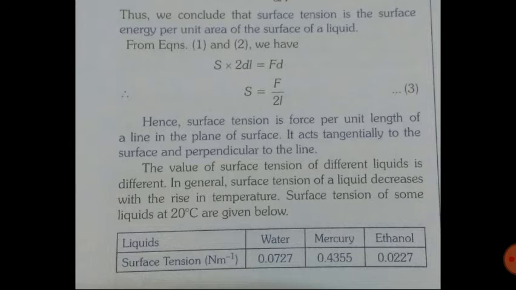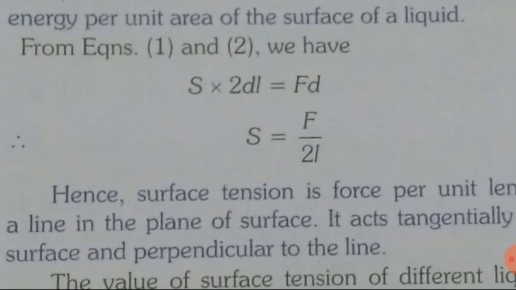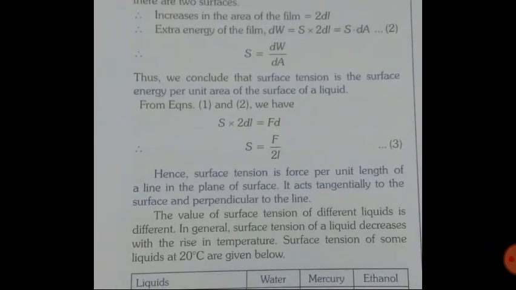It acts tangentially to the surface and perpendicular to the line. F upon L is the same formula which we studied with the definition of surface tension, and there it was one surface, that's why F upon L was there. Now in case of the soap layer formed on the film, we have two free surfaces, that's why here we have F upon 2L because of two surfaces.